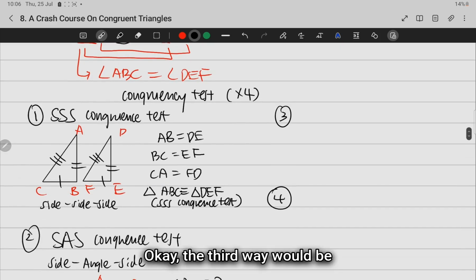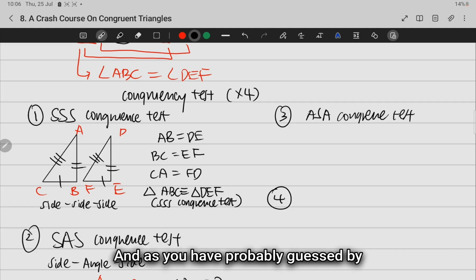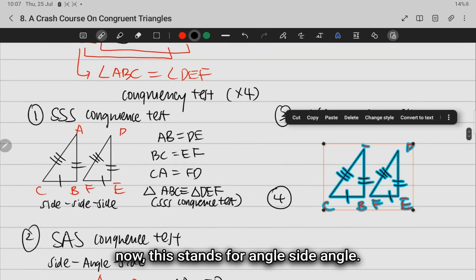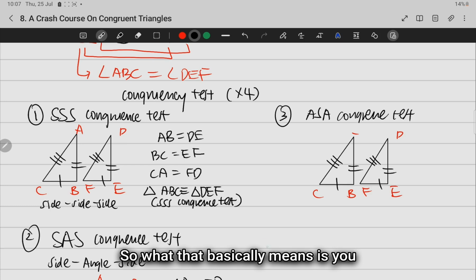Okay, the third way would be the ASA Congruence Test. And as you have probably guessed by now, this stands for angle, side, angle. So what that basically means is you have two angles and one included side.